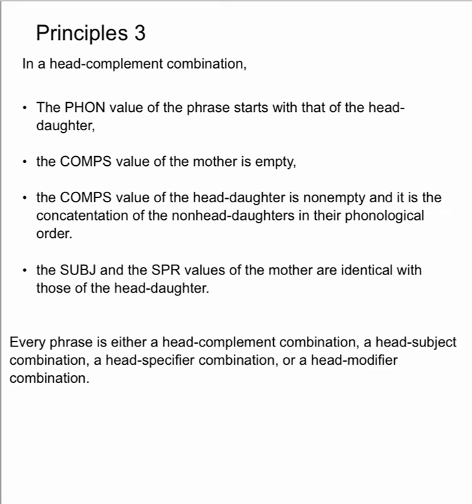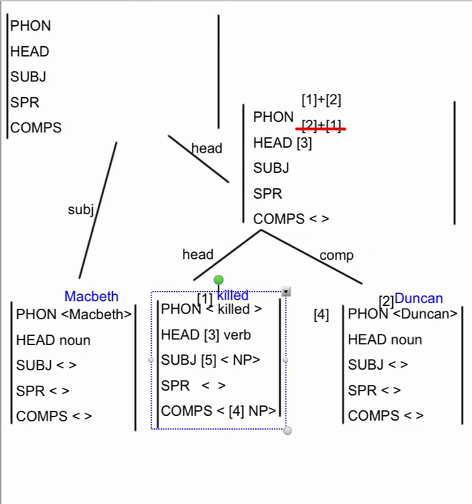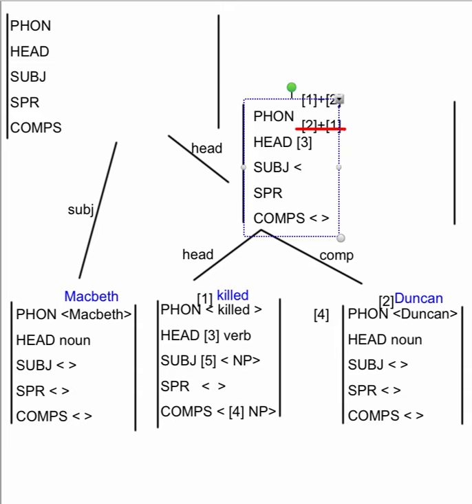The last bullet point in the head complement constraint specifies what happens with the subject and the specifier value. Here we say that the subject and the specifier values of the mother are identical with those of the head daughter. On the head daughter, we have a subject value that is non-empty, and the same should then be the subject value on the mother.